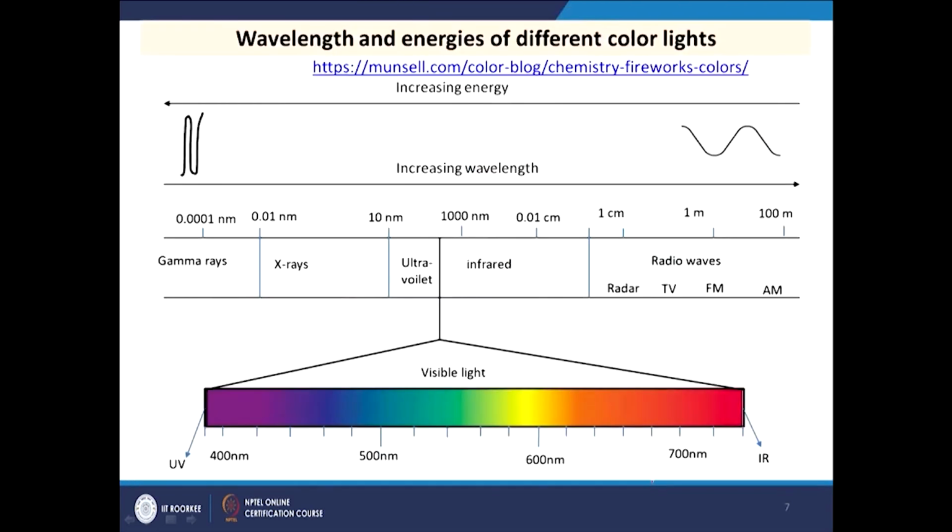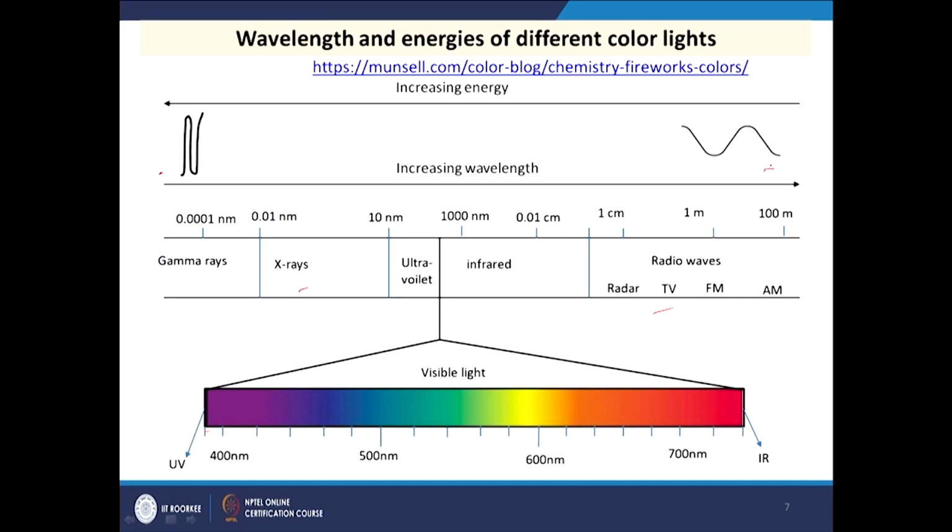Now, we will see the different wavelengths of solar radiation: visible light here, and others such as gamma ray, X-ray, and infrared. As you know, the greater the wavelength, the less the energy, so this part has high energy and this part has less energy.